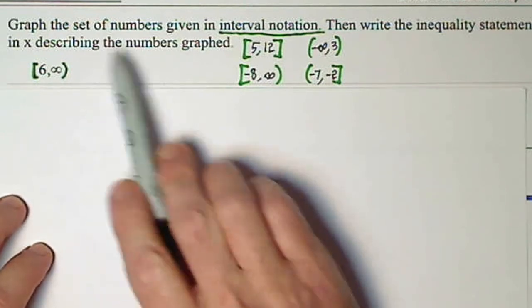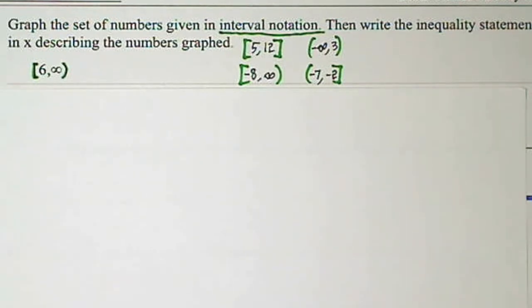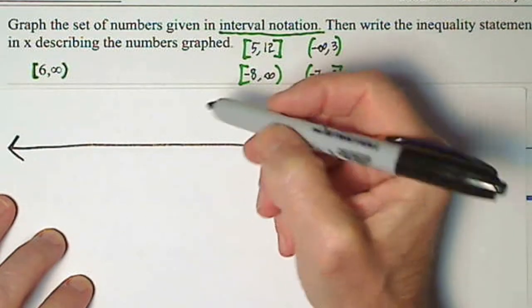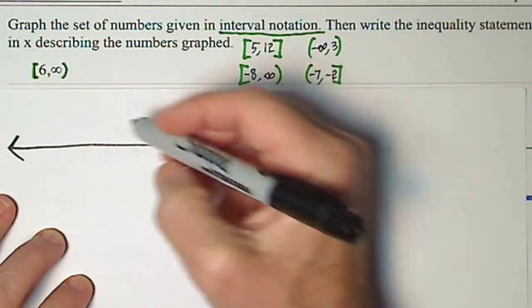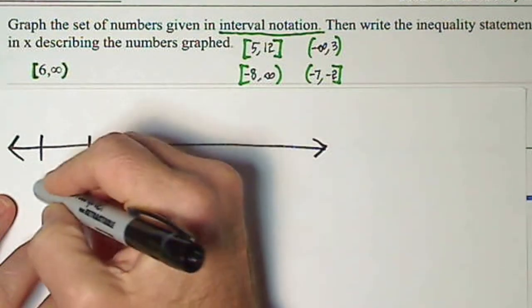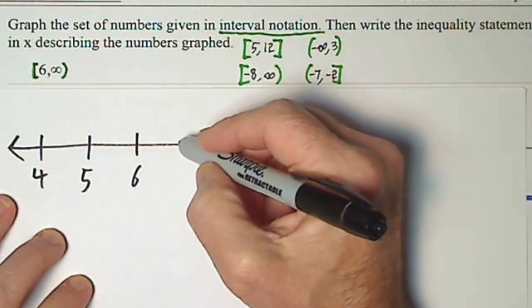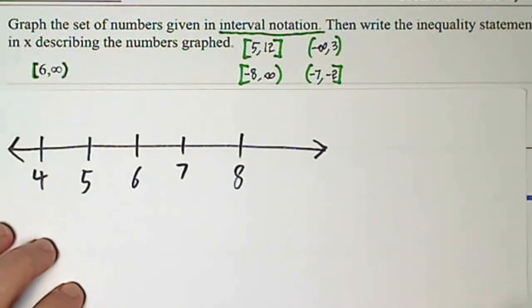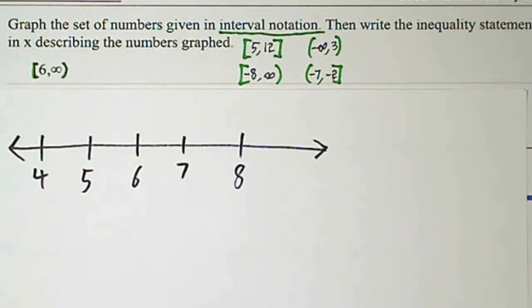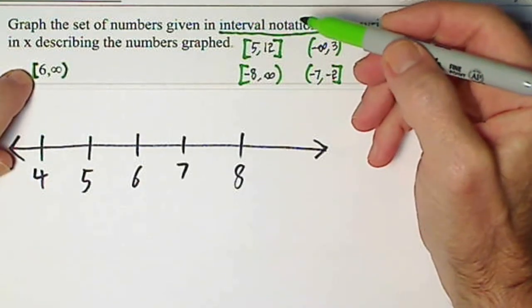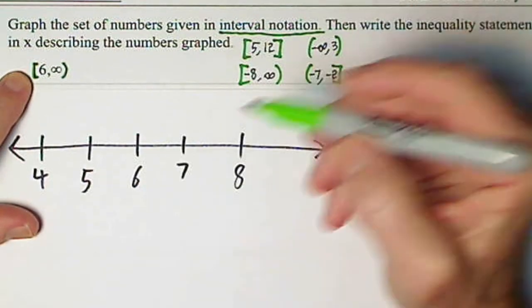Alright, for the first one they want us to graph this set, so we'll need our number line. And let's say 6 is in there, so I'll have 6, 5, 4, and then 7, 8. I think that's good enough. Okay, so to graph this, the convenient thing, if it's already in interval notation, you use the same symbol as interval notation for graphing.